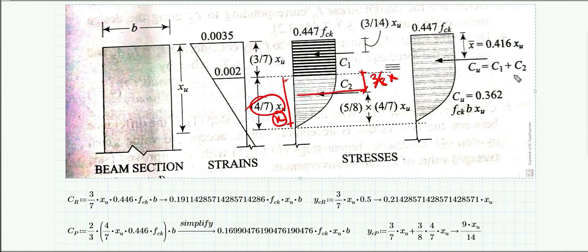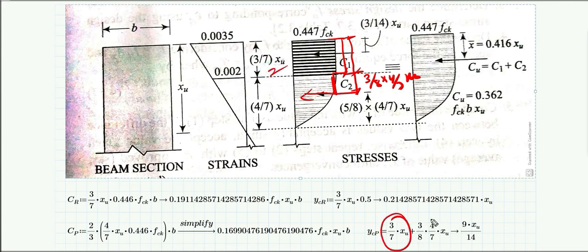We need to find the distance of this force from this location. So it will be 3 by 7 XU plus 3 by 8 into 4 by 7 XU, right? This portion is 3 by 8 into 4 by 7 XU, and this portion is 3 by 7 XU. It gives you 9 by 14 XU. Okay, so this is the depth of the force C2 from the top fiber.